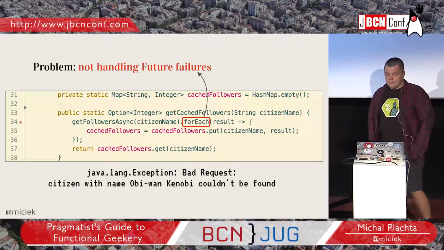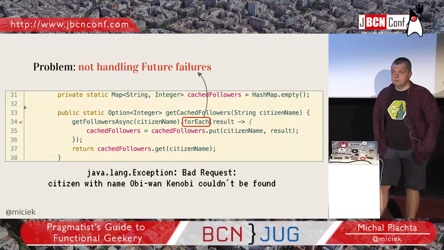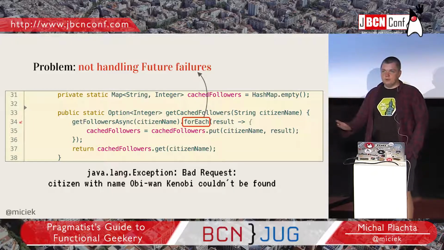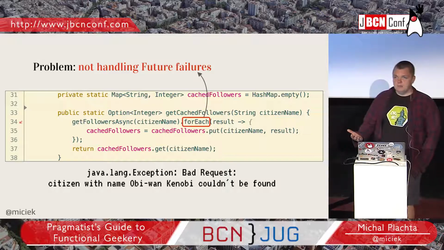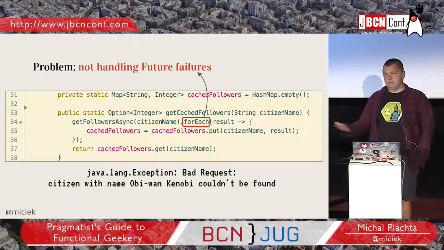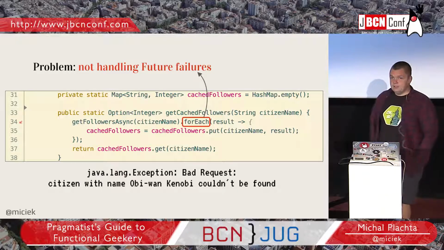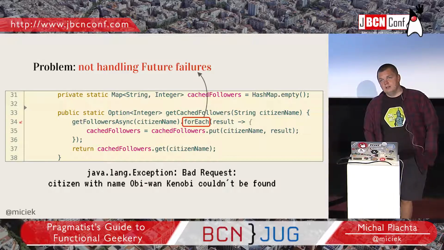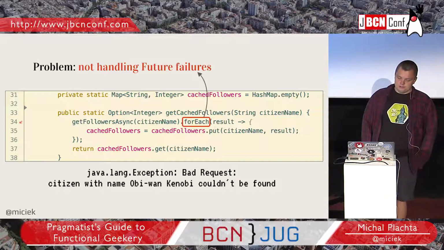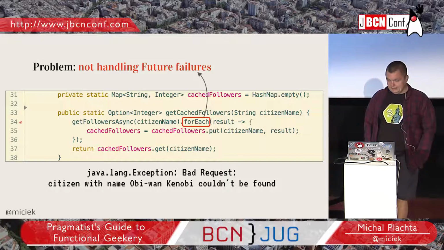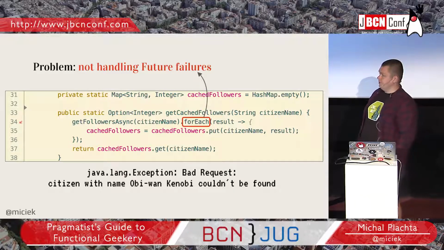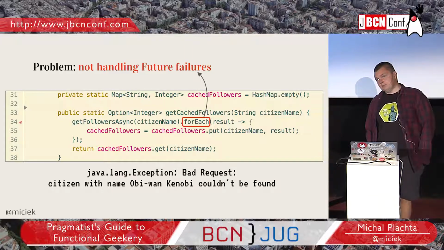Turns out that we didn't handle the future failure. So future is something that models a value that may be available in the future, but also it models a failure, because the value computation may fail. And foreach, what it does, it only executes the lambda we provide when the future finishes successfully. So it really won't update the cache whenever there is, for example, an exception.